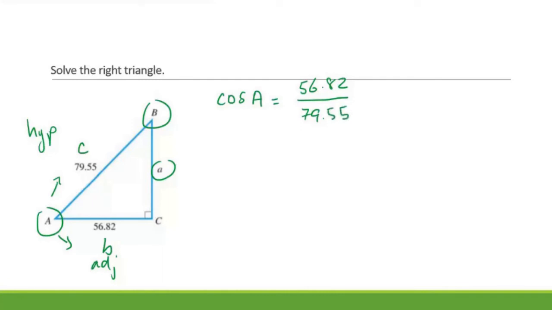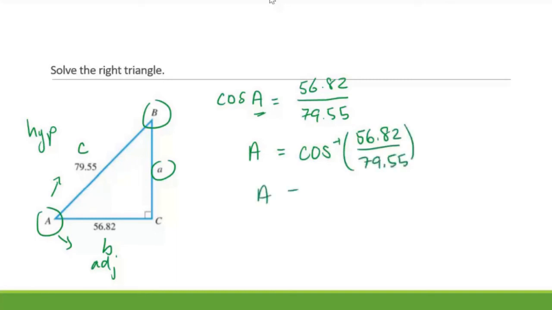So with two known sides, we can plug those into a ratio and isolate the angle from the appropriate trig function. How do I isolate angle A here? Well, I'm going to take the inverse cosine of both sides. So we find that A is equal to inverse cos of 56.82 divided by 79.55. Dropping that into a calculator gives you 44.4 degrees. So we know angle A.